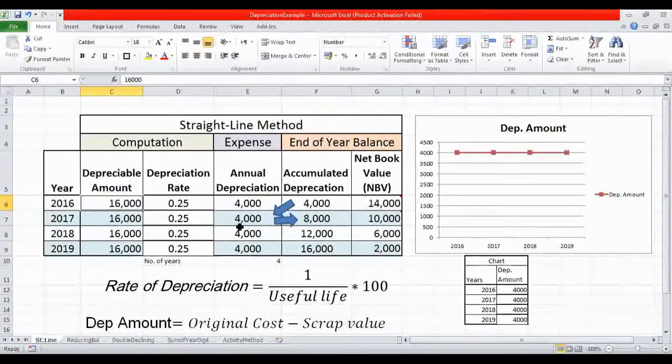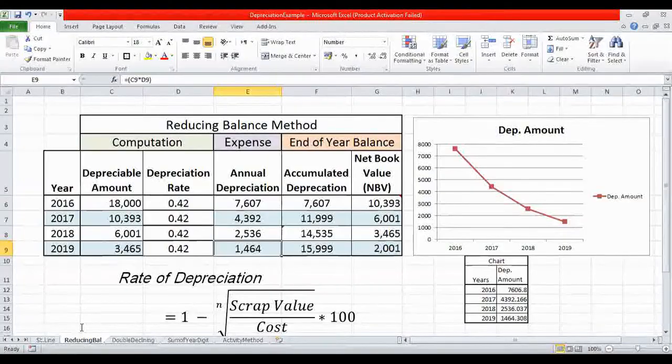Straight line method is used basically on those machines, those plants where we expect that these property, plant or equipment are going to be used every year by the same percentage.